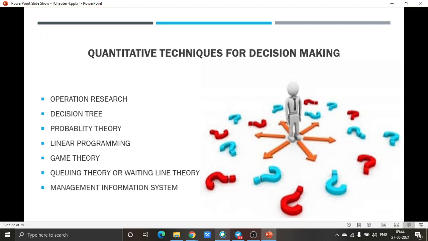So all this that has been listed and presented to you in this particular slide are the topics which can be considered under quantitative approach. Now, one more thing is that each of the quantitative approaches that has been given can be studied as a separate subject. So, in brief, I would be telling you all; if you are interested, you are always welcome to go and study each of the techniques in detail.